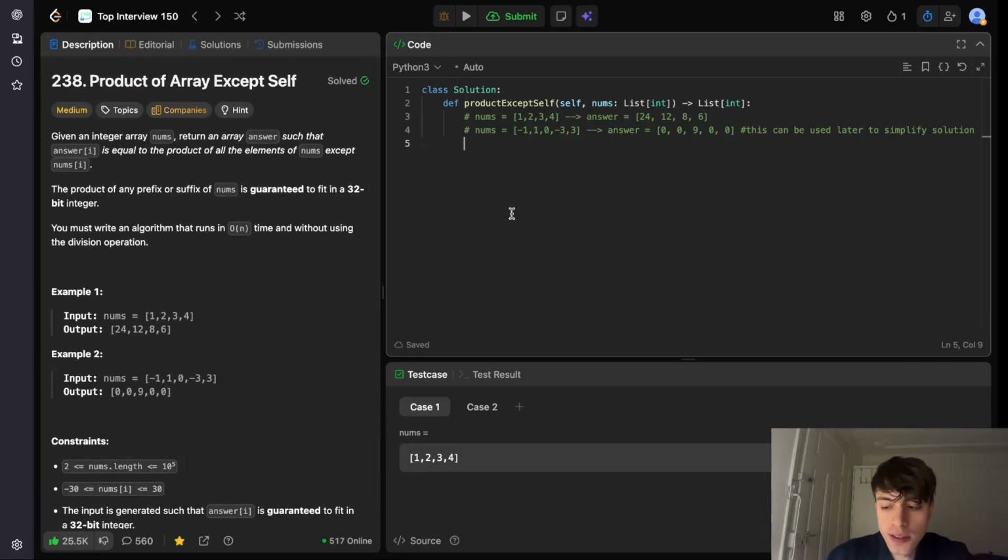Now, of course, the simplest thing to do. Well, I think it could be to simply say, all right, for each element here, I consider all the other elements.